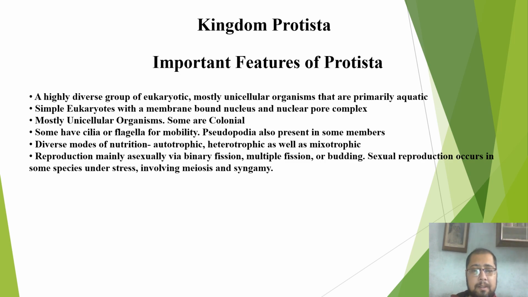Reproduction in protistans is mainly asexual via binary fission. Multiple fission and budding are also present. Sexual reproduction occurs in some species under stress involving meiosis and syngamy.